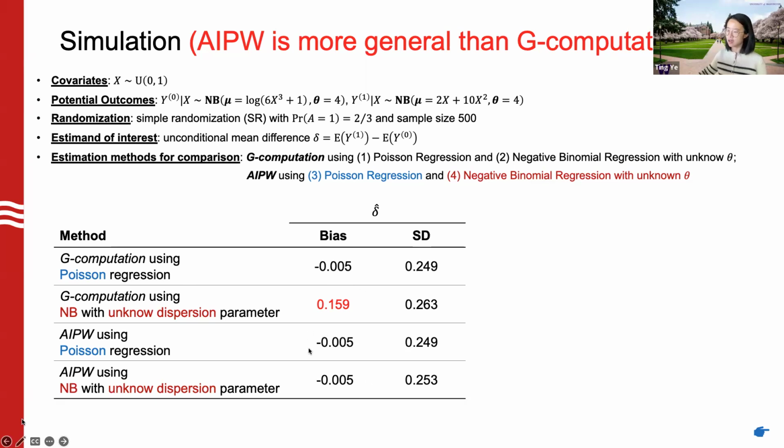They are indeed almost the same because Poisson satisfies the prediction unbiasedness property. So you can see that the AIPW is more general and more robust than G-computation because when G-computation works, it's the same as G-computation. But when G-computation is biased, AIPW corrects the bias.